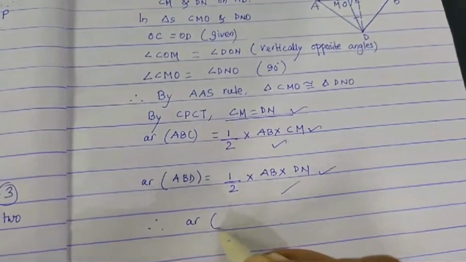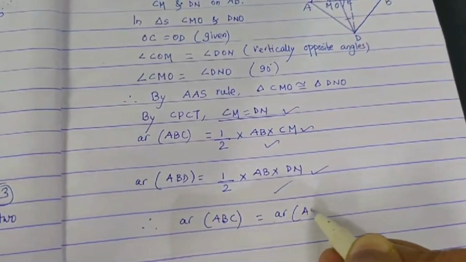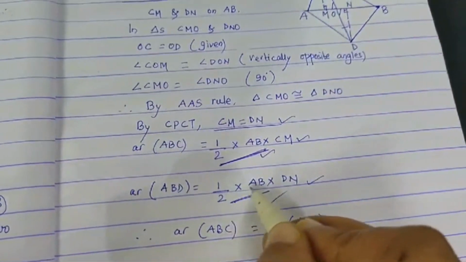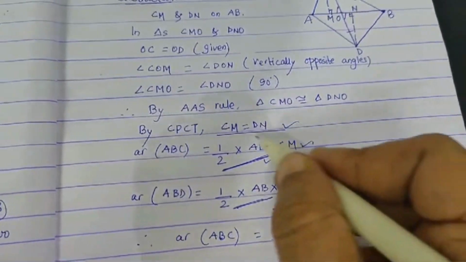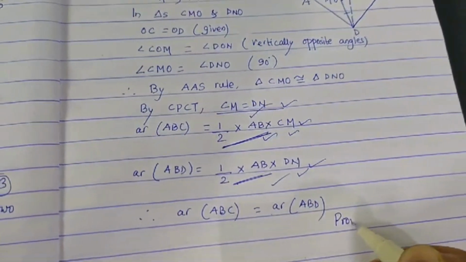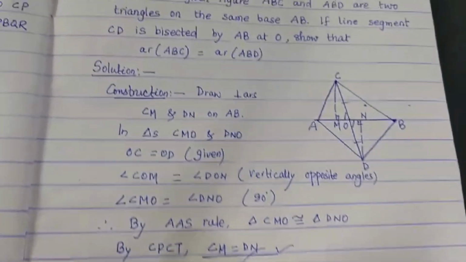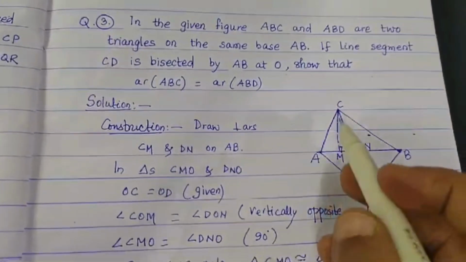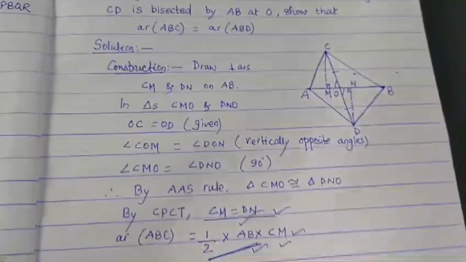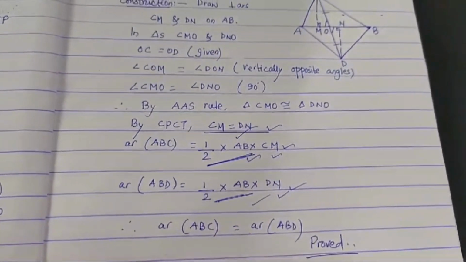Therefore area ABC is equal to area ABD, because all the rest are the same, only this was different, and this is also equal, CM equal to DN. That is why the areas of these two triangles are equal. So only a small construction, and this problem is solved easily. Okay, so let's move on.